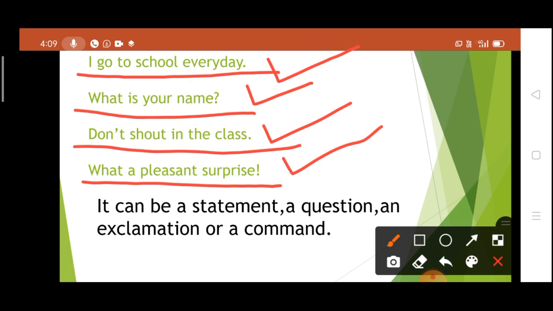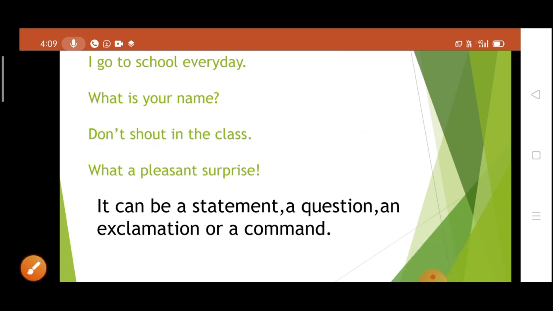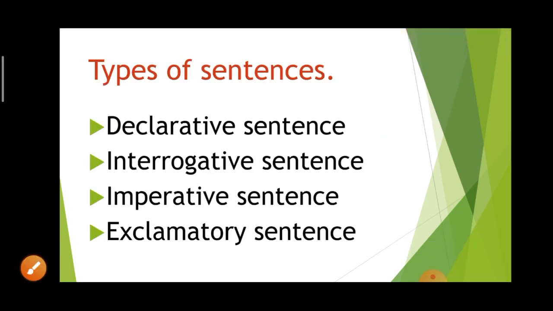So there are four types of sentences: first, declarative sentence; then interrogative sentence; then imperative sentence; then exclamatory sentence.